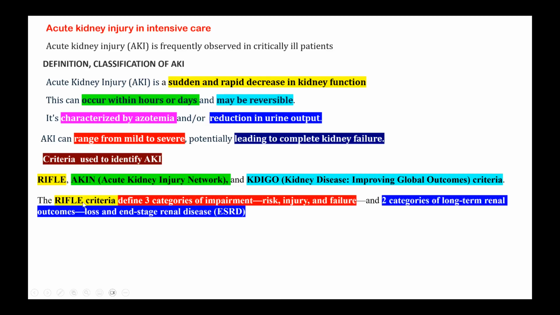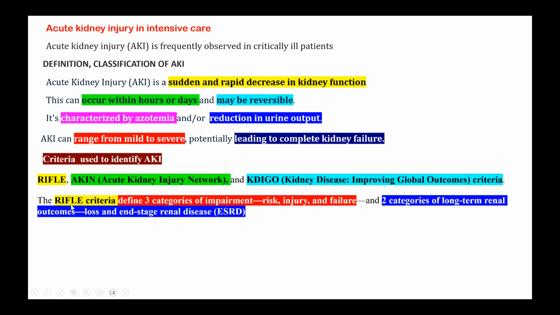So in RIFLE criteria, the first three letters RIF stand for the categories of impairment, where there is a risk for kidney injury, or damage has already occurred in the form of an injury, and the kidney has started failing. So these are three grades of impairment and two categories of long-term renal outcome. One is the loss, the other is end-stage renal disease.